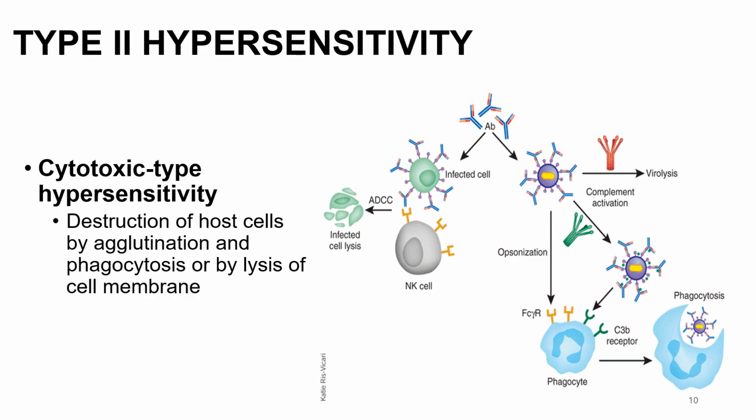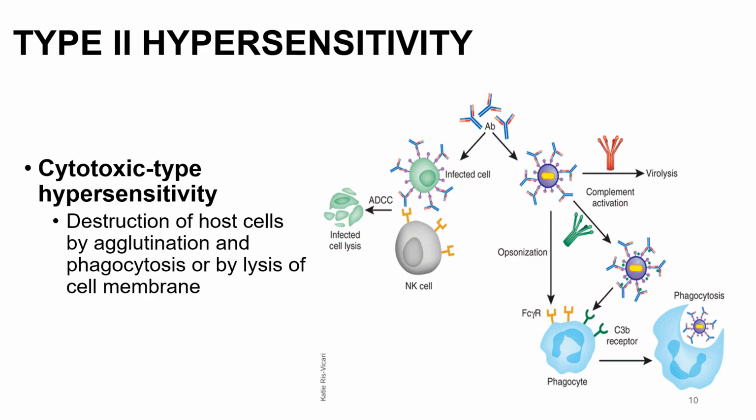Mechanisms include agglutination, phagocytosis, complement-mediated lysis, and antibody-dependent cellular cytotoxicity, also known as ADCC. In other words, antibodies bind to antigens on cell surfaces, and then the immune system says, cool, that cell has to go.